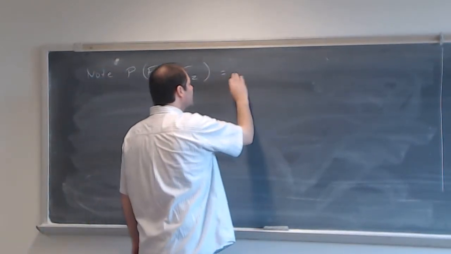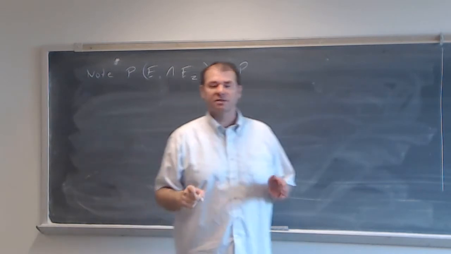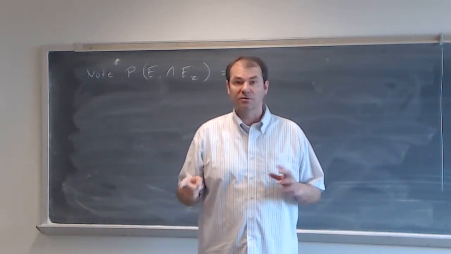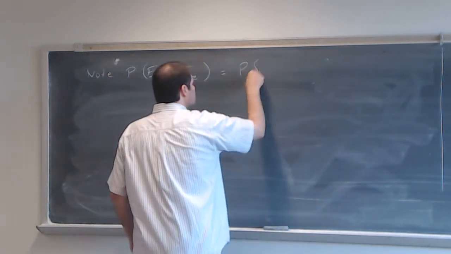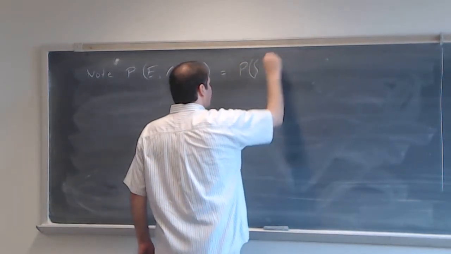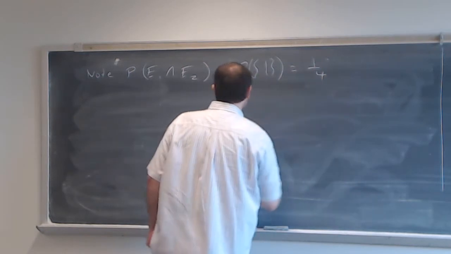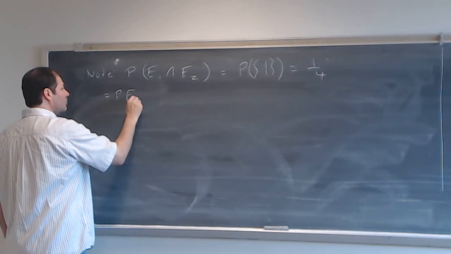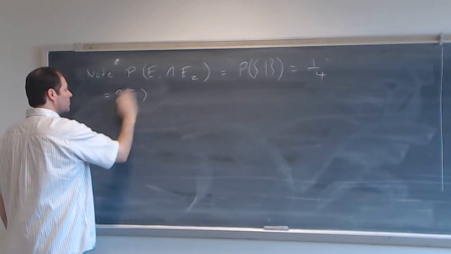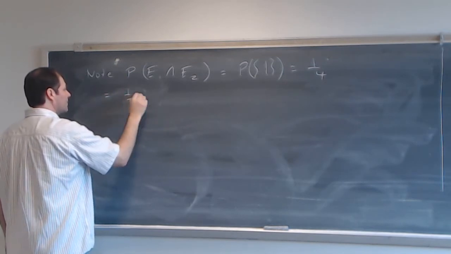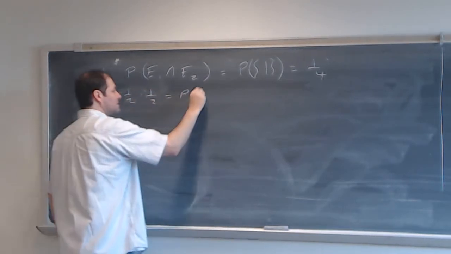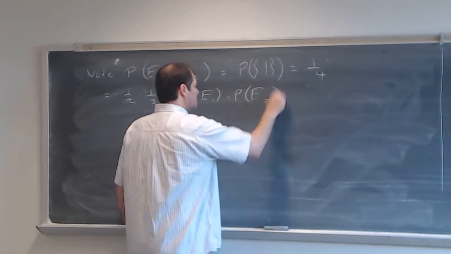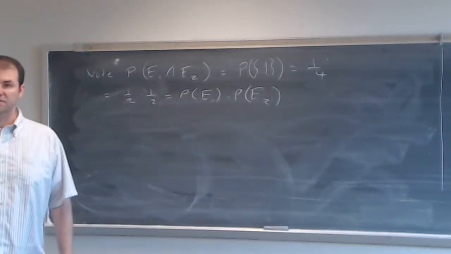So what's E1 intersect E2? E1 was the 1 and 2 ball, E2 was the 1 and 3 balls, so their intersection is just the 1 ball. You got the 1 ball, and that's 1 out of 4. Which does equal 1/2 times 1/2, which equals the probability of E1 times the probability of E2. So far, the sets could be independent.